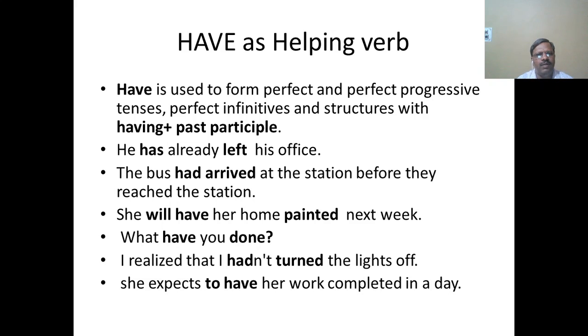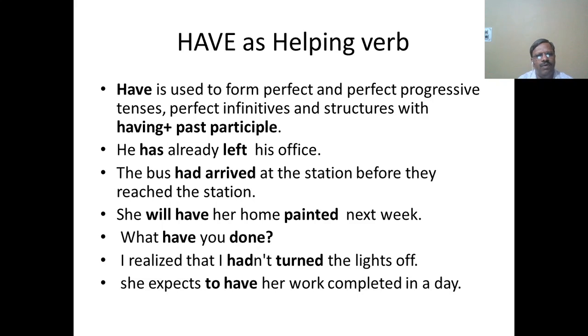She will have her home painted next week. You see here, will is a modal auxiliary, have is an helping verb, and painted is the past participle form of the main verb. The sentence is in future perfect tense.